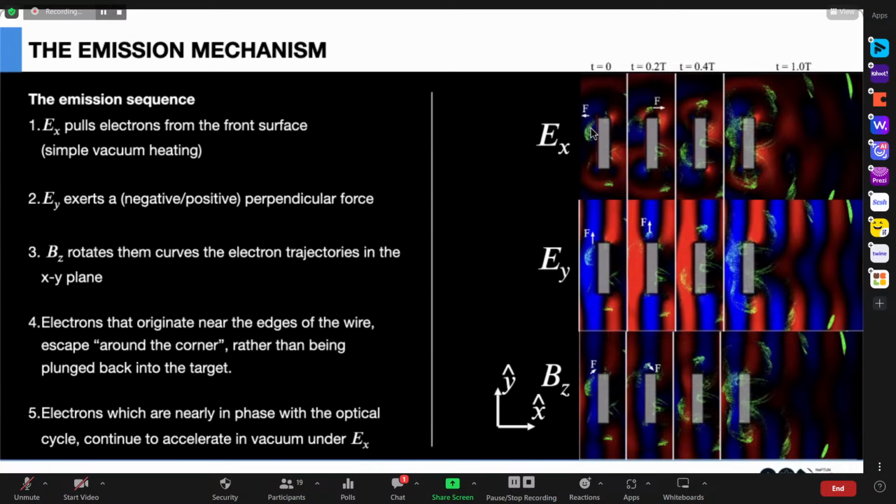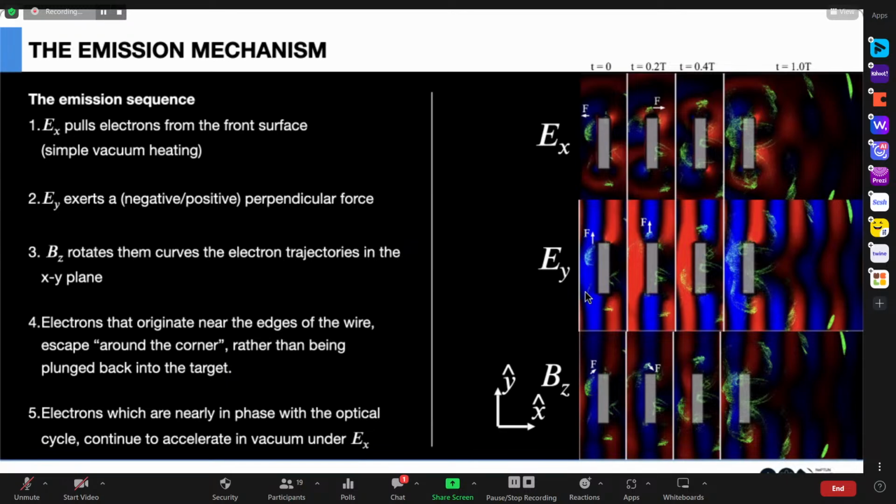We see that, exactly as we learned in graduate studies about vacuum heating, the longitudinal component of the electric field pulls and pushes electrons every half optical cycle.